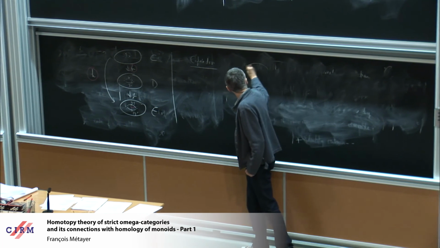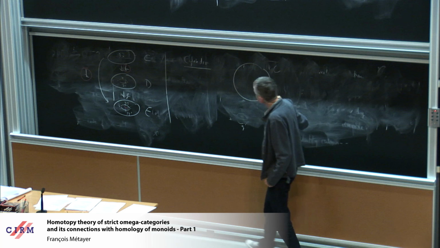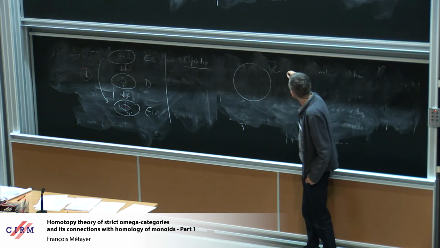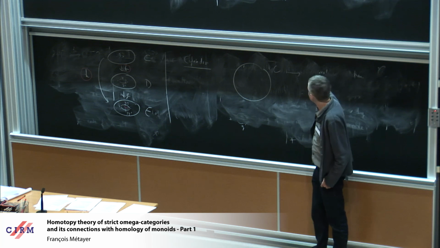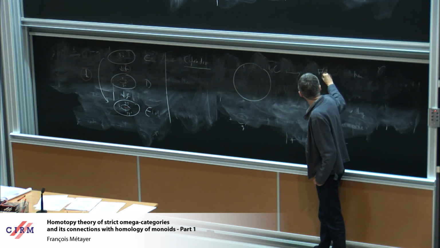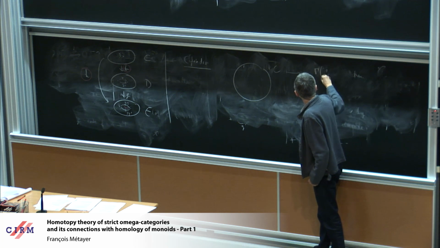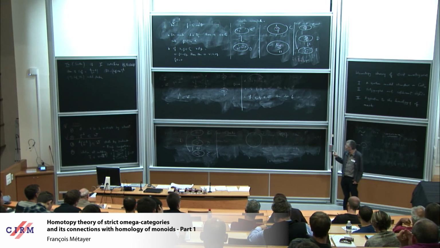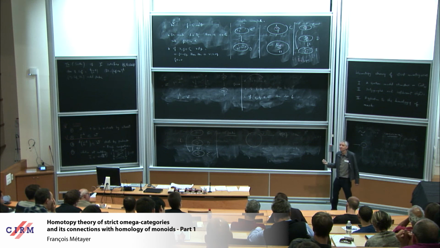If you have an omega category C, a strict one, you can associate to it another omega category, gamma of C. Gamma of C will be the category of small cylinders internal to C, if you want.